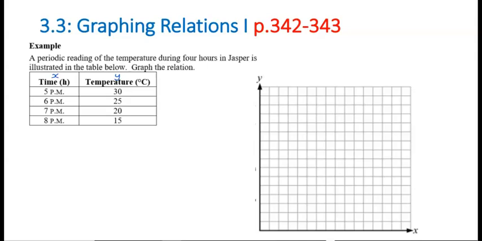And then you can create the labels on the x and the y axes. And you can plot your points and create your graph. And I encourage you to try this on your own. Pause the video, and then you can compare it to mine. We may not have the same graphs because we may not have the same scale, but ours will look similar.